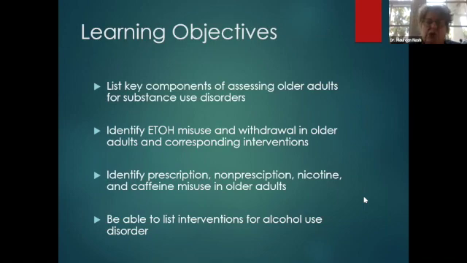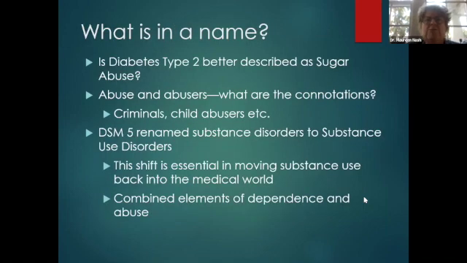substance use disorders. And I really want to start this talk with some background that I cannot overemphasize the importance of. You know, the DSM-5 manual really moved us away from talking about substance abuse and substance dependence into looking at substance use disorders.